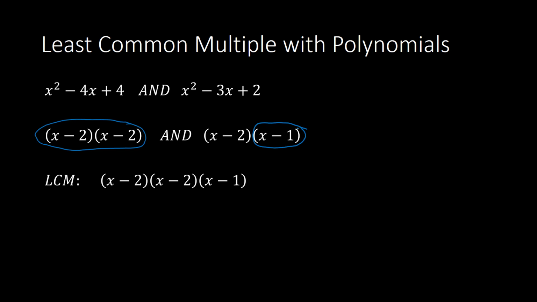So what we have is going to be (x minus 2) times (x minus 2) times (x minus 1). And you could write that as (x minus 2) squared times (x minus 1). So that is how you find the least common multiple with polynomials. Factor if needed, and then once everything is being multiplied together, see which one has the most, just like we did with numbers and with just variables.